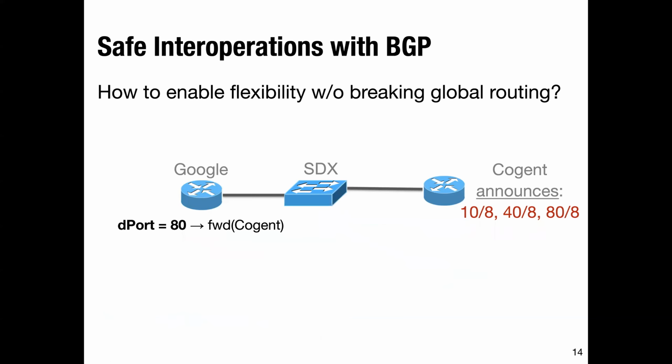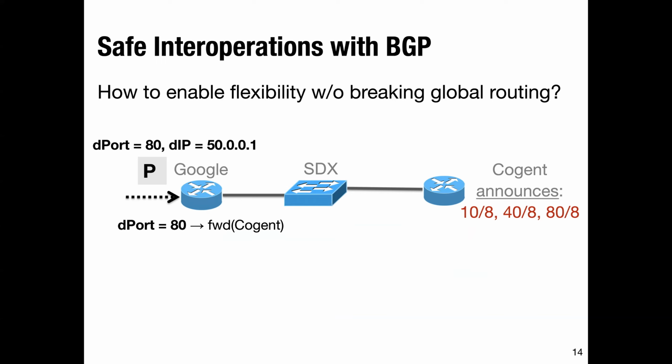Now, if we want to make sure that we're not breaking global routing while enabling this type of flexibility, then we need to make sure one simple thing. Suppose traffic comes in whose destination port is 80, but the destination IP is 50.0.0.1, right? Which means that it belongs to the 50/8 prefix range.